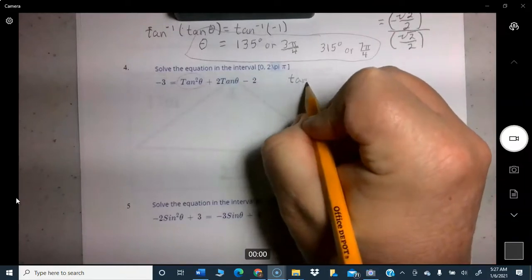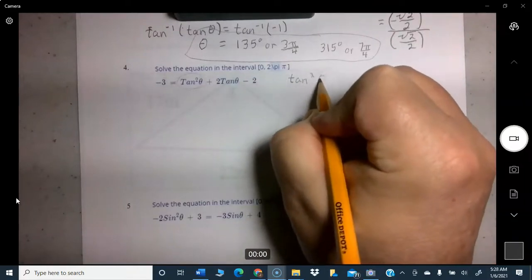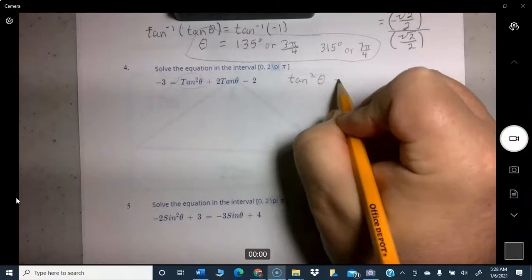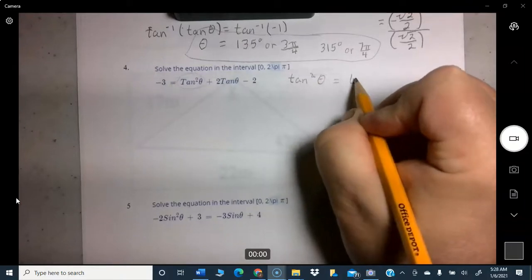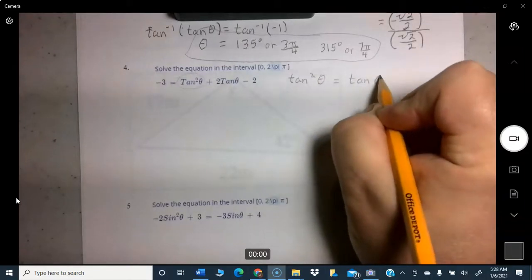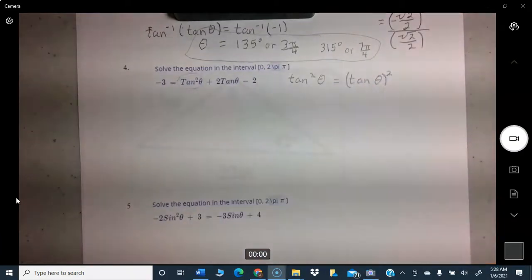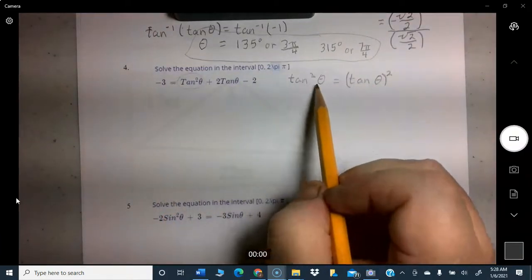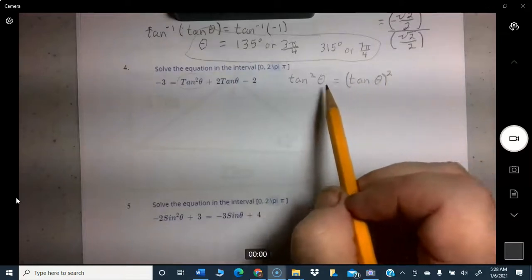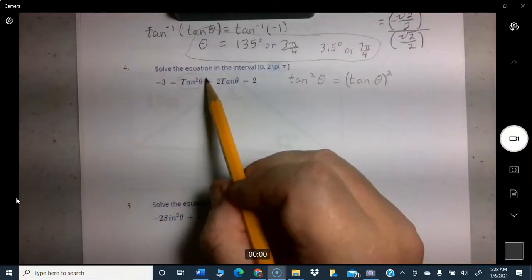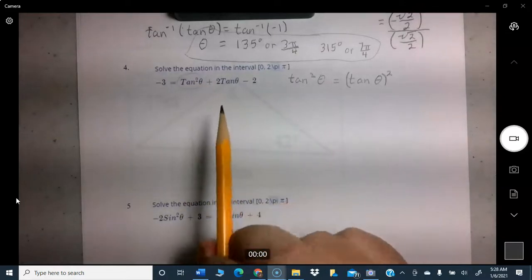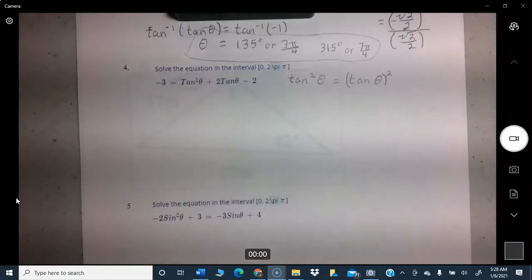Tangent squared theta equals tangent of theta, put that in parentheses, now square that. The reason they don't write the square over here like that is because it would look like theta is being squared, not the tangent of theta is being squared. That would be two totally different numbers.